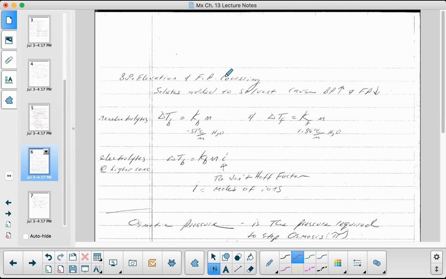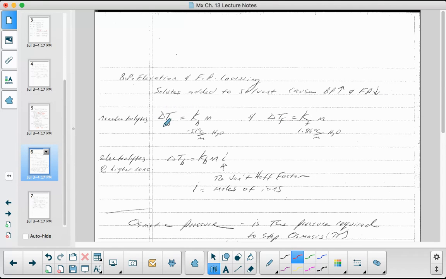Now to the second and the third colligative property, which is boiling point elevation and freezing point depression, or freezing point lowering. So when solutes are added to a pure solvent, it causes the boiling point to increase and the freezing point to decrease. And the equations are pretty straightforward.